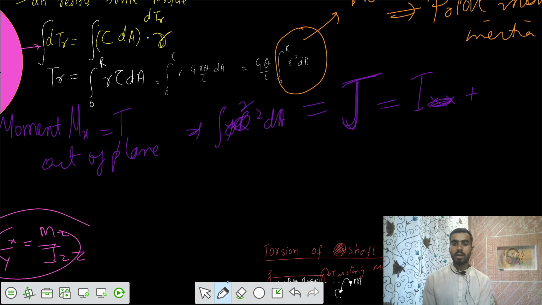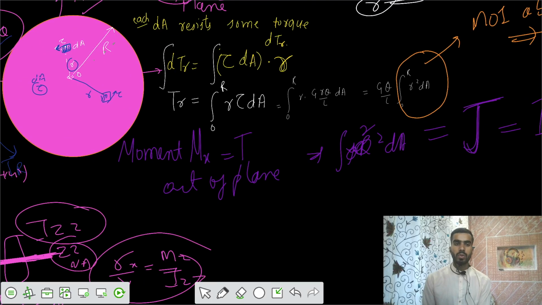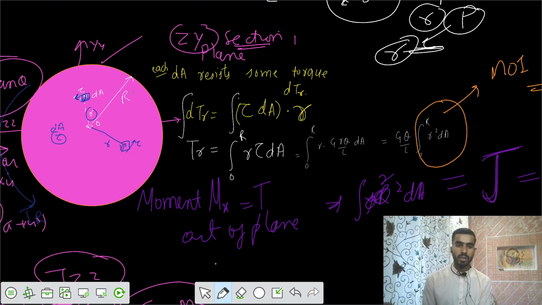in two directions. Let's say Izz plus Iyy. Because in your section, you go to some value of r that's at a distance of z from the center in the z direction, and at a distance of y from the center in the y direction. So you go to some point P. So it's contributed by two inertias about the section.